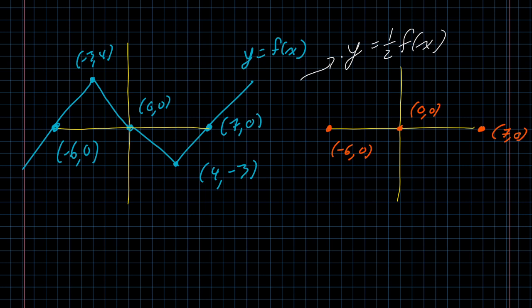And mathematically, what we're going to do is multiply the y-coordinate. So our point -3, 4. The x-coordinate stays the same, and then we multiply our a times the y-coordinate to get the point -3, 2.